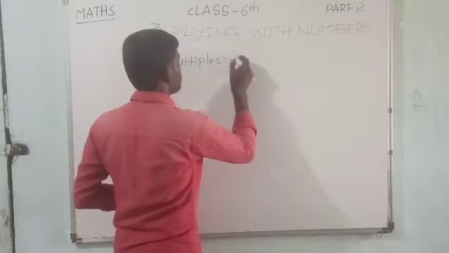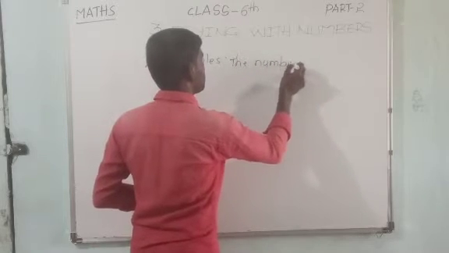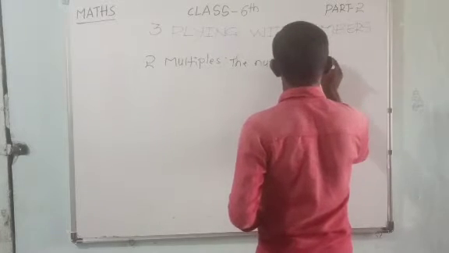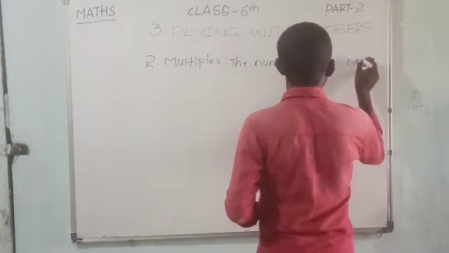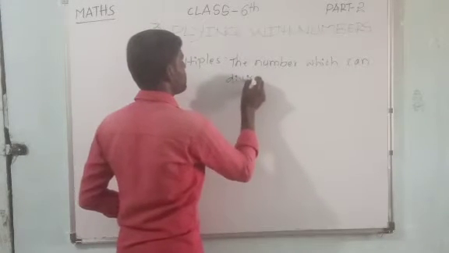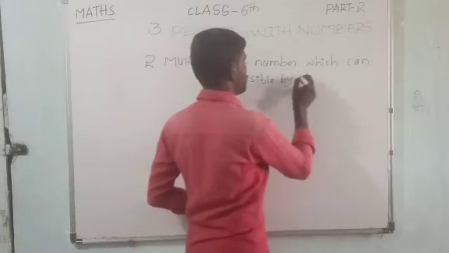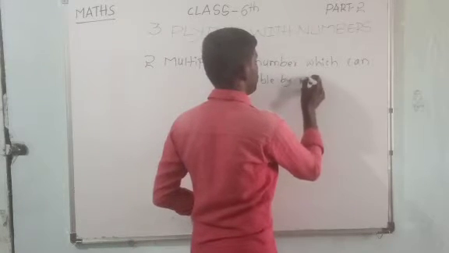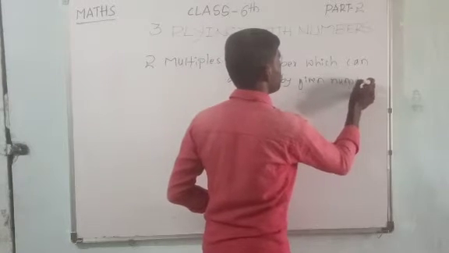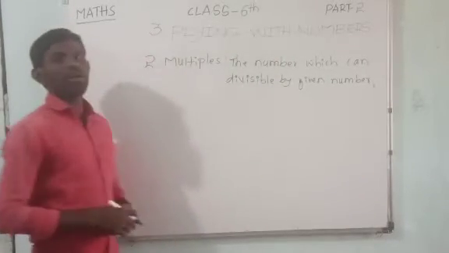The numbers which can be divisible by a given number are called multiples.